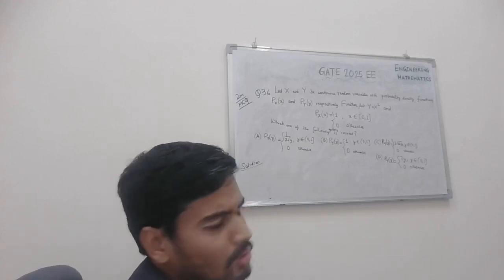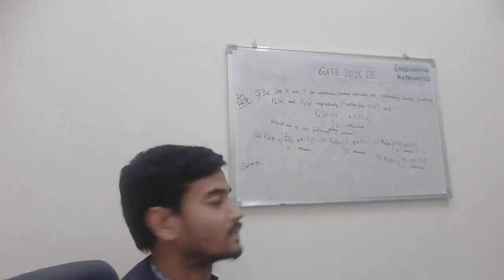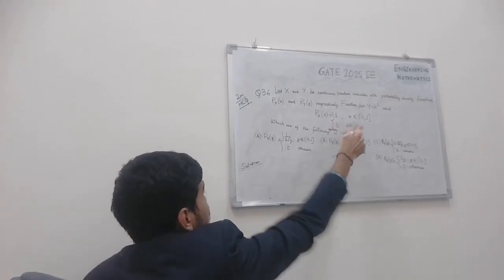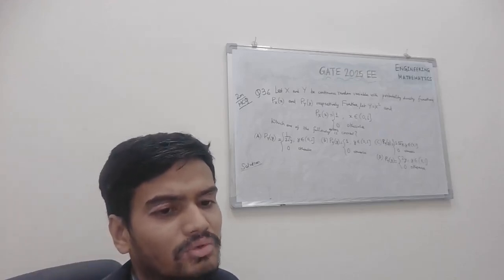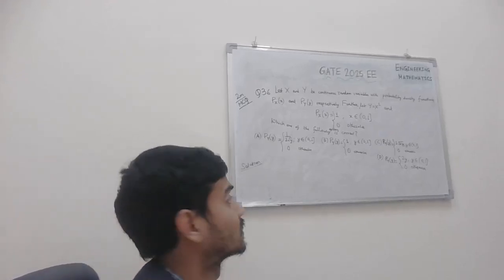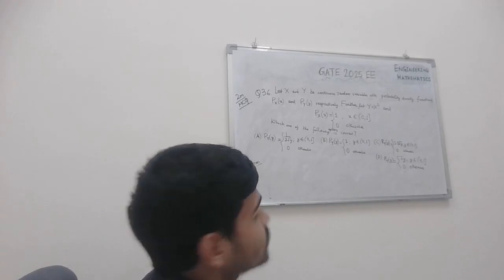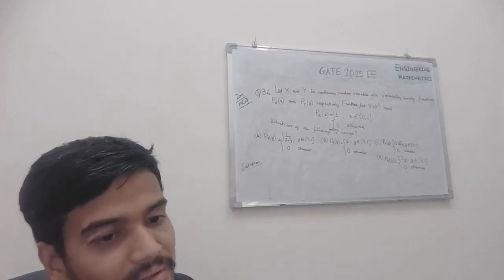Now the solution. There is a very easy way of solving this. X is a continuous random variable with uniform probability distribution.